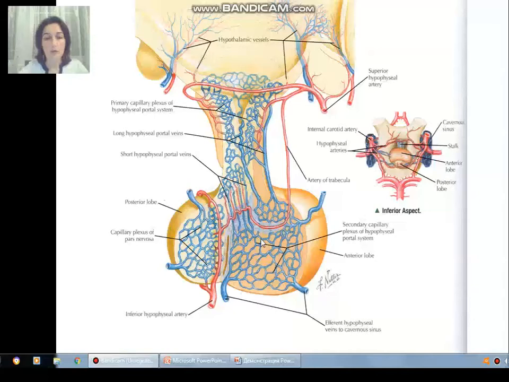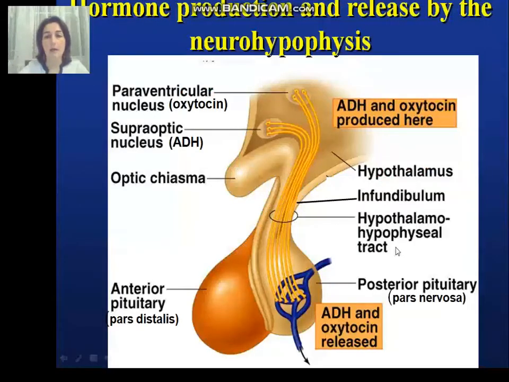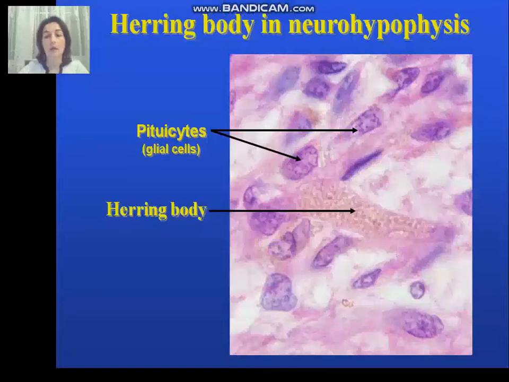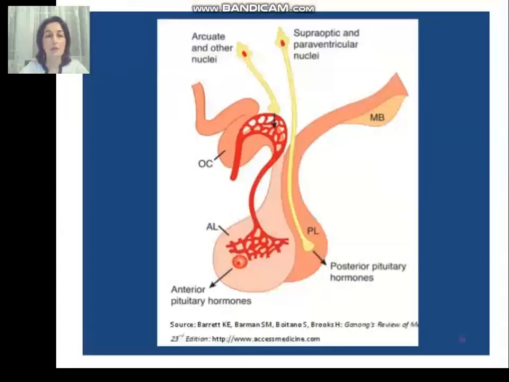What we have to know about the hypothalamo-adenohypophyseal system: as I just mentioned, we have the anterior hypothalamus and the middle part.